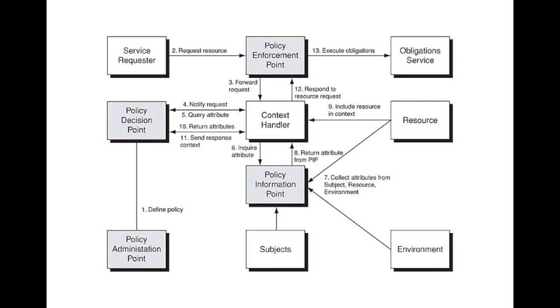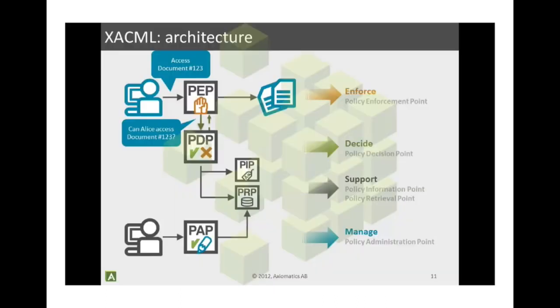So we have this, but looking through the internet, I have found something that I think is better for understanding. Here we have one person who wants to access a document. To do so, she goes to the policy enforcement point and asks for permission.